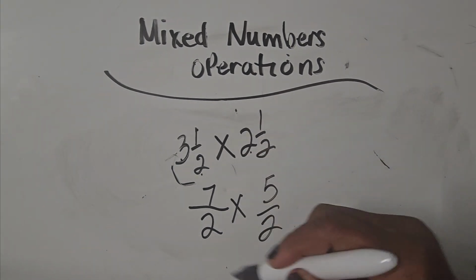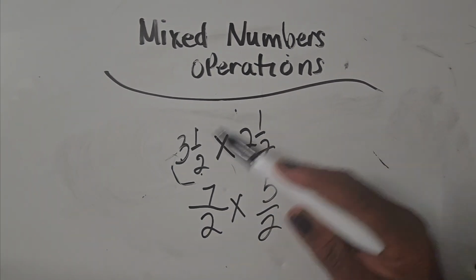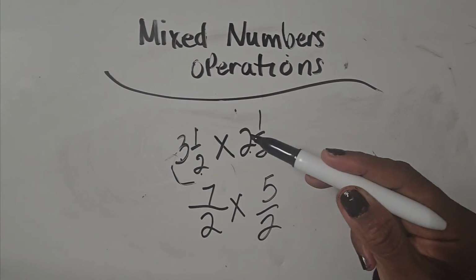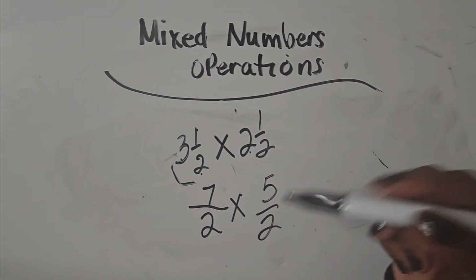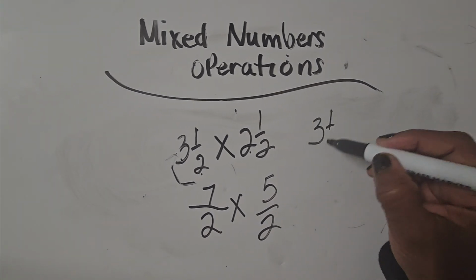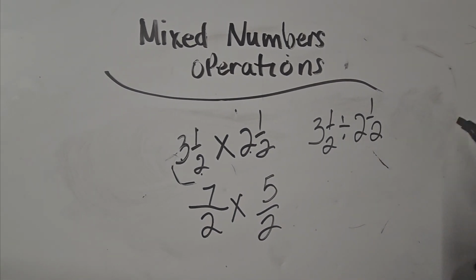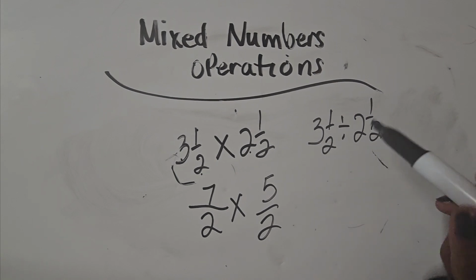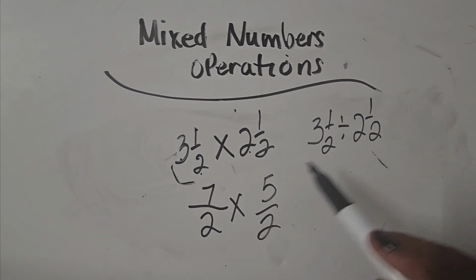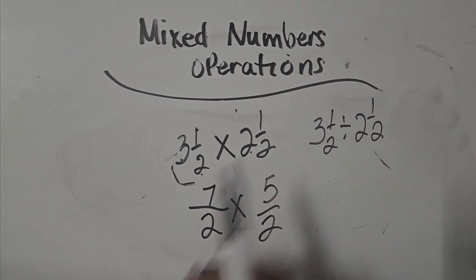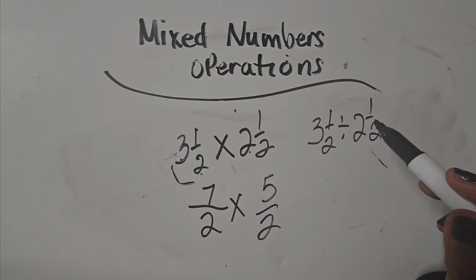Now, when we are dividing 3 and 1/2 divided by 2 and 1/2, same thing here. You rename it. So multiply and divide is renamed. They don't get pulled to the side. They get renamed.